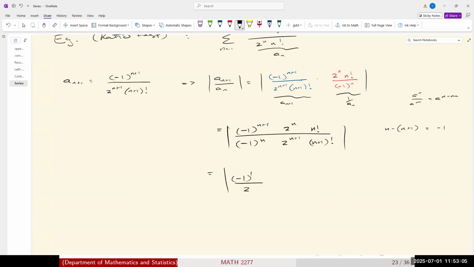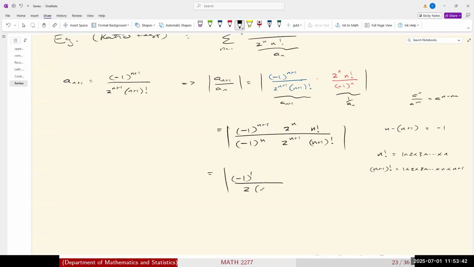Now n! is equal to 1 by 2 by 3 all the way up to n. (n+1)! is 1 by 2 by 3 all the way up to n by n+1. If you divide these two, 1 will cancel with 1, 2 with 2, 3 with 3, n with n, and you will only be left with n+1 in the denominator.